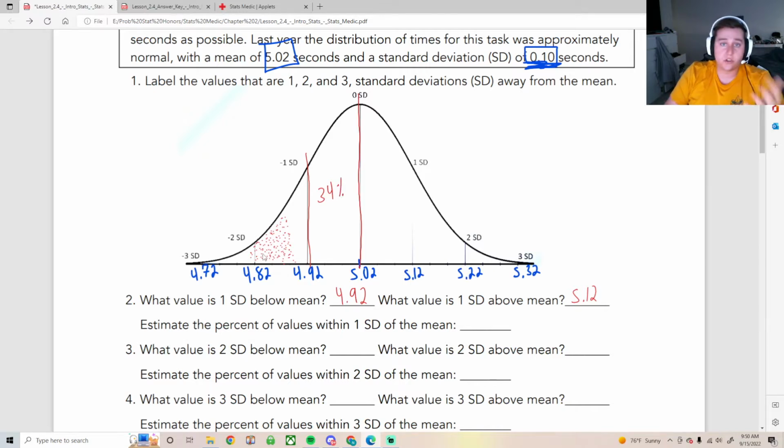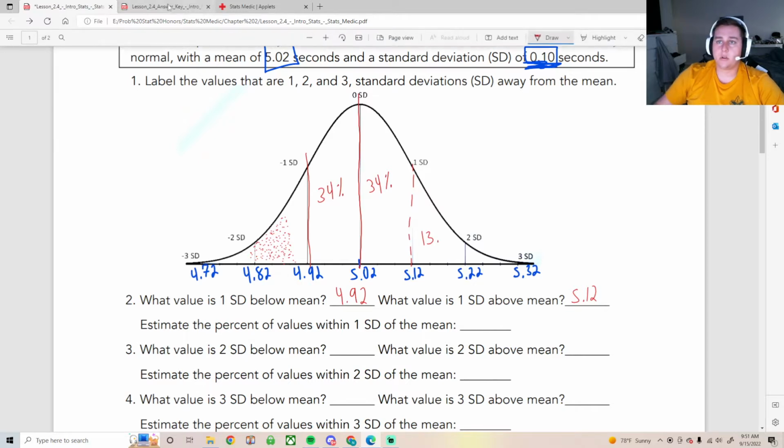Just trust me. So over here, it's the same thing because it's a symmetrical curve. So this is 34% of the data here, right? Up until this line. And then this chunk is 13.5 or 12.5? I don't remember.